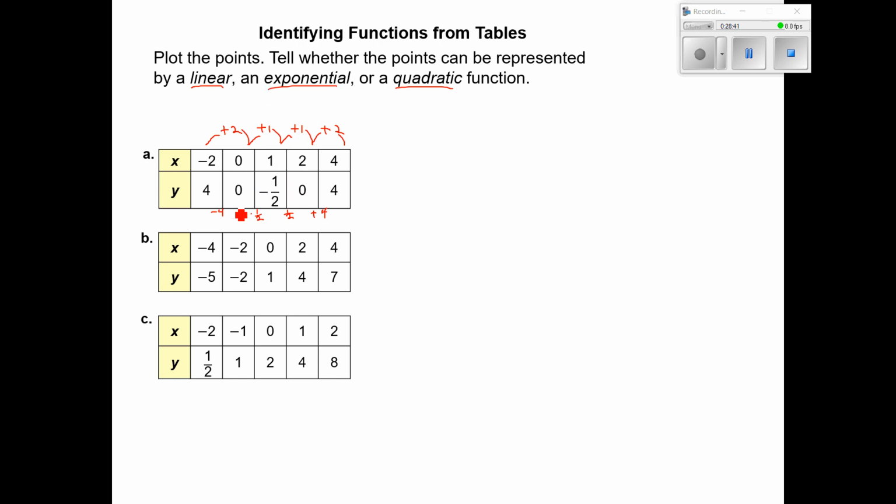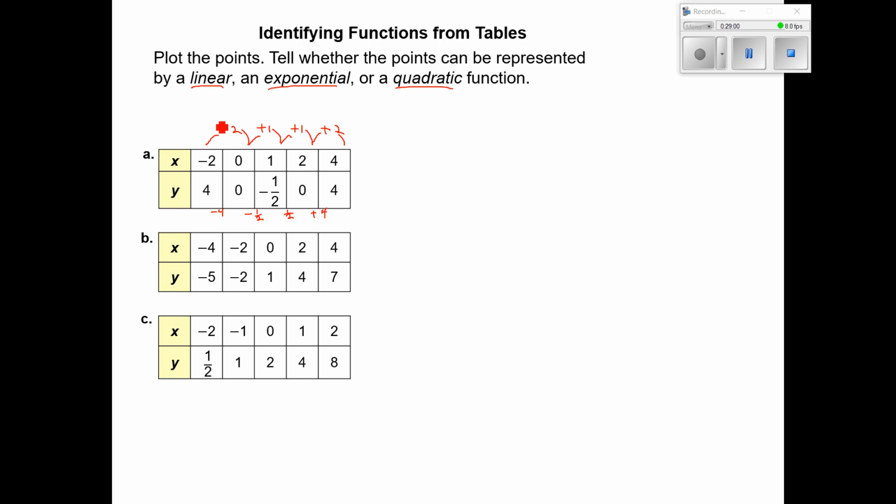So we can say then that if this was going to be an increase of 1, it would have been a 1 over here, and this probably would have been a 2 then, right?